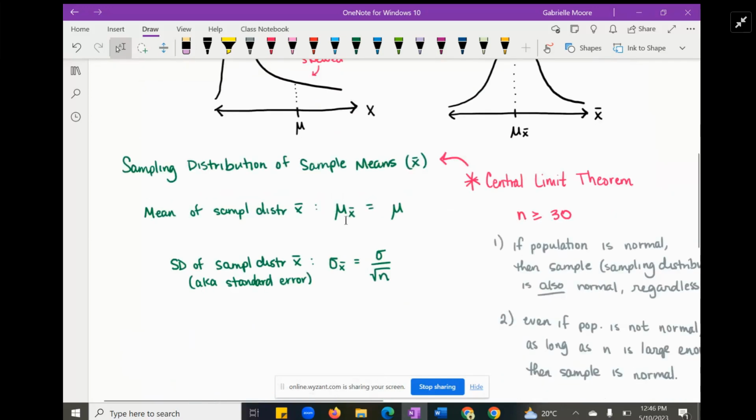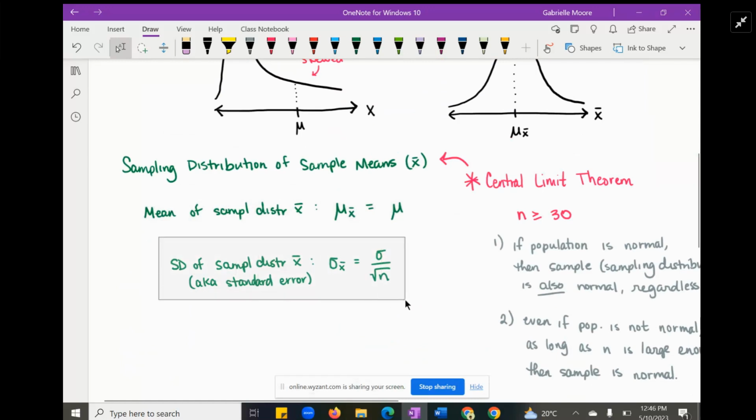For the sampling distribution of sample means, which involves that sample of 10,000 policies, we're going to calculate the mean and the standard deviation of that sampling distribution. For the mean of the sampling distribution, we tend to just approximate it as the same as the population mean, if it's known.